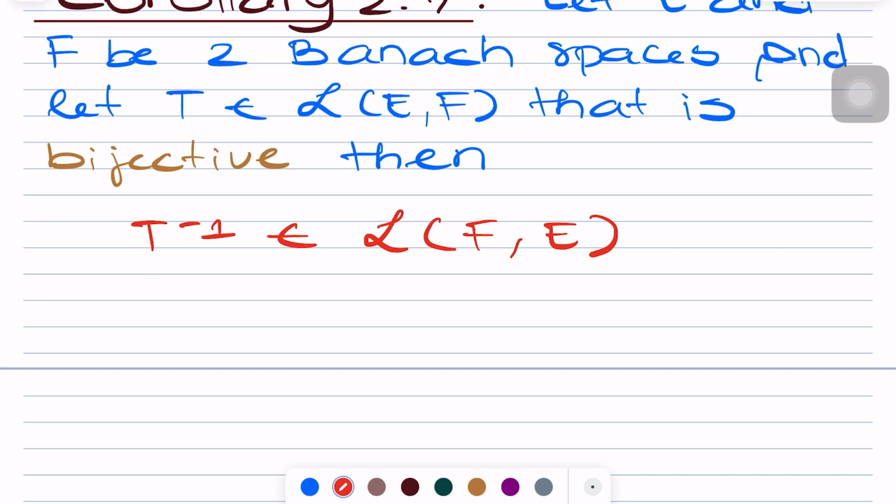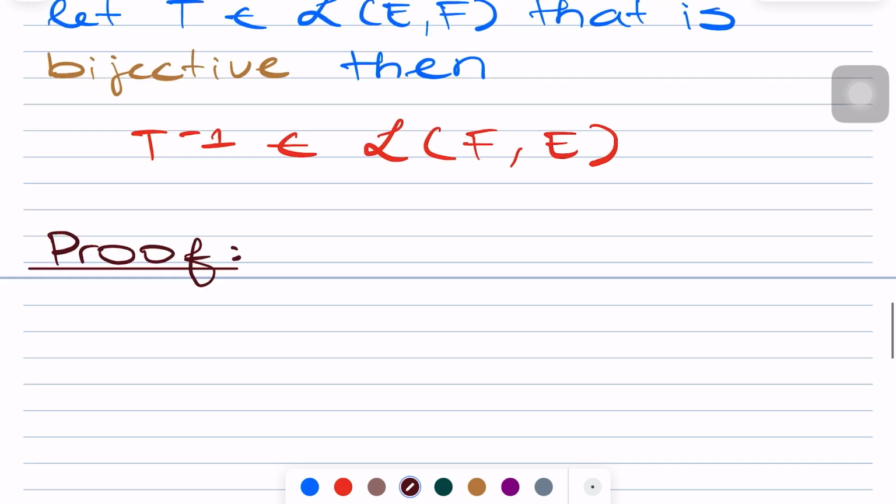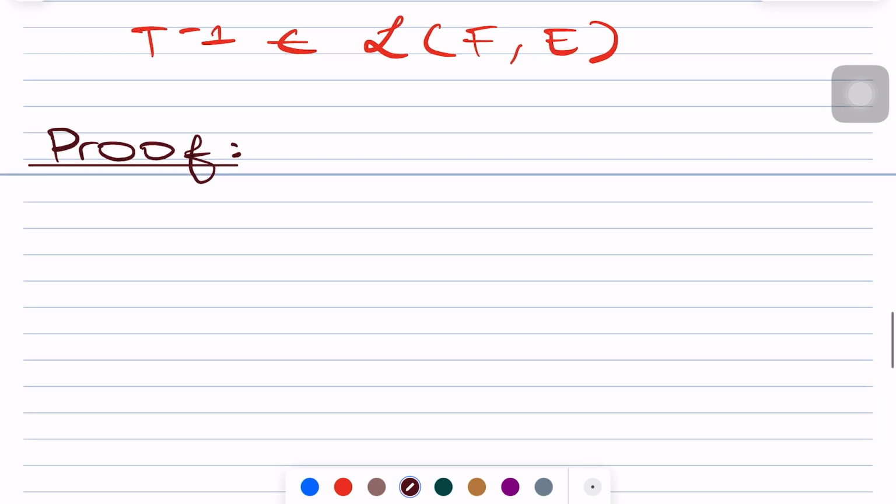Okay, we'll have a look at the proof. Linearity is okay, you can check that T minus 1 is actually linear, so it's not a very big deal.